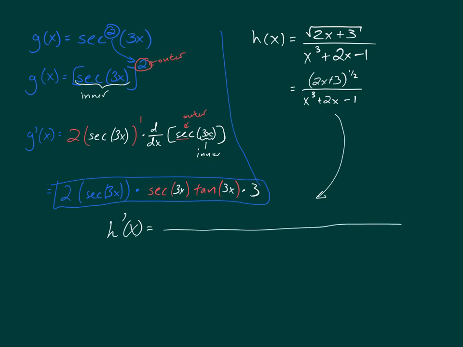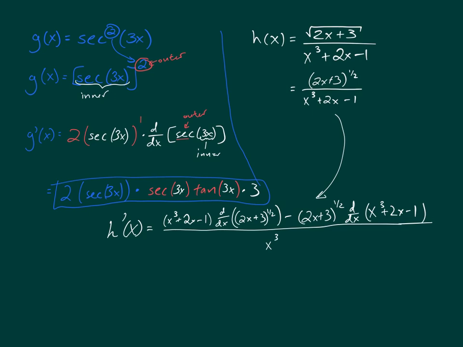So let's go ahead and get into that. This will be the denominator, x cubed plus 2x minus 1, times the derivative of the numerator, which is 2x plus 3 to the 1/2, minus the numerator times the derivative of the denominator, which is x cubed plus 2x minus 1, all over the denominator squared.